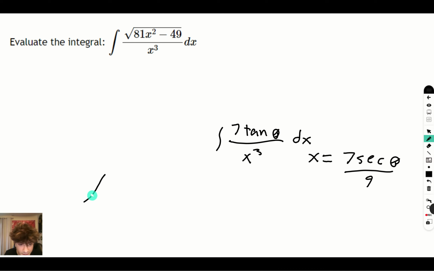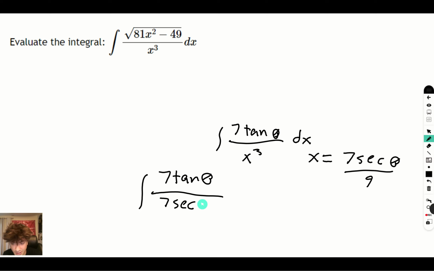We'll get the integral, let me draw that integral sign a little better, the integral of 7 tan theta over 7 secant theta over 9, cubed, dx.